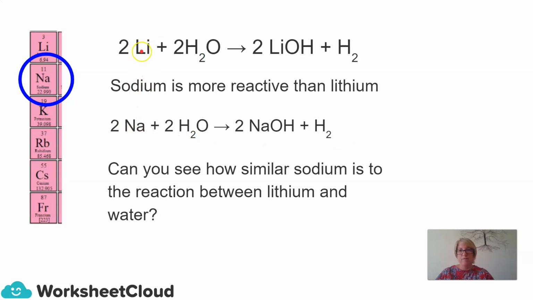So we have sodium plus water gives us sodium hydroxide and hydrogen, which is exactly the same as lithium. Lithium and water give us lithium hydroxide and hydrogen. So the similarities are that they both make the same type of products. They both make a hydroxide and they both make a hydrogen.